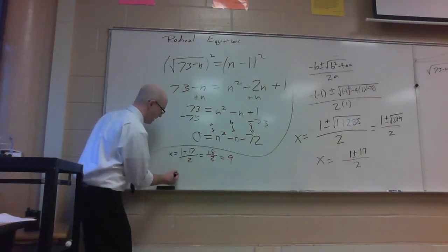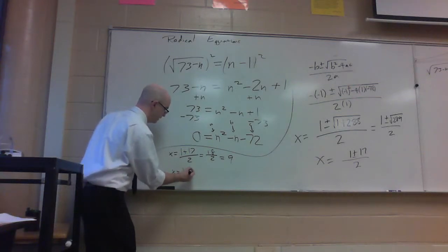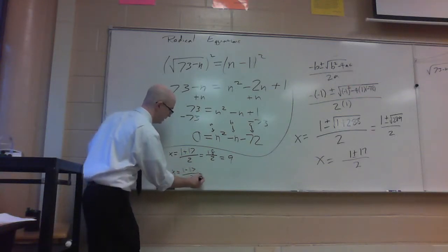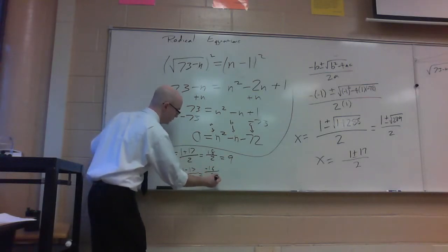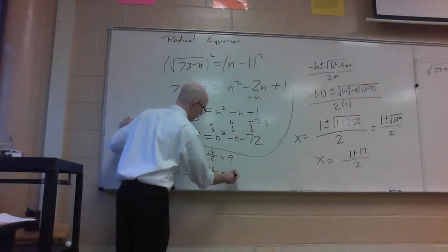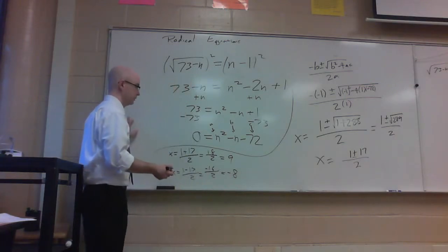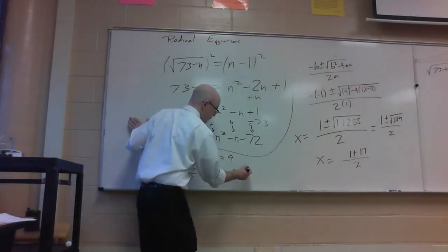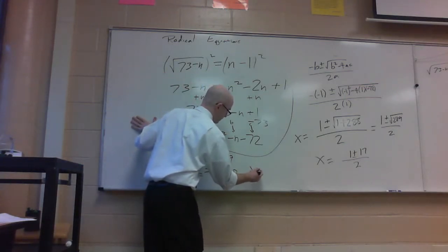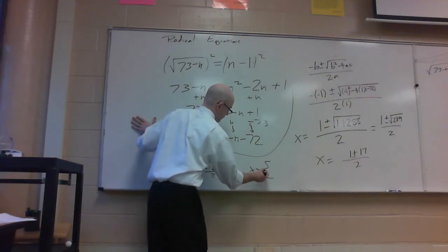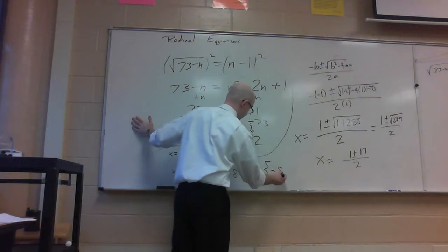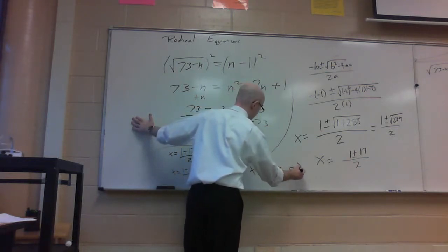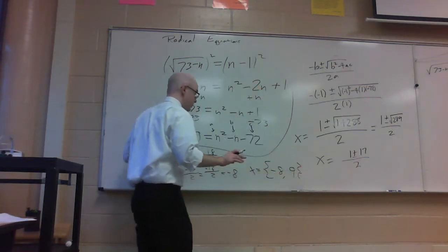I'm also going to have another case where 1 minus 17 over 2 is x. That's negative 16 over 2 equal to negative 8. So right now I've got two possible solutions, a set of negative 8 and 9. Okay? Sounds great so far.